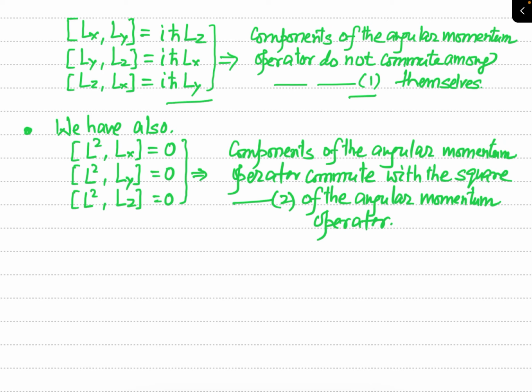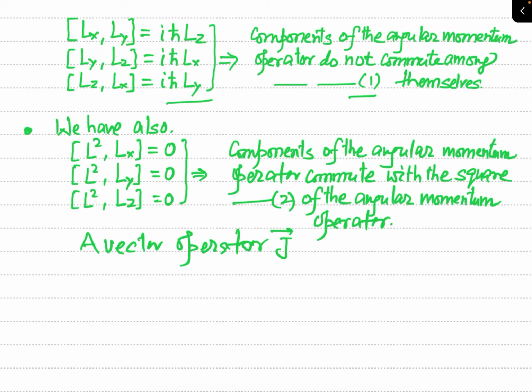So in brief, for your convenience, I am writing this very important fact. A vector operator, let us say J. Remember, this J is not a physical quantity, this is an operator.